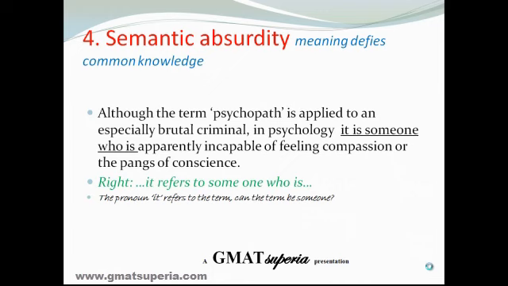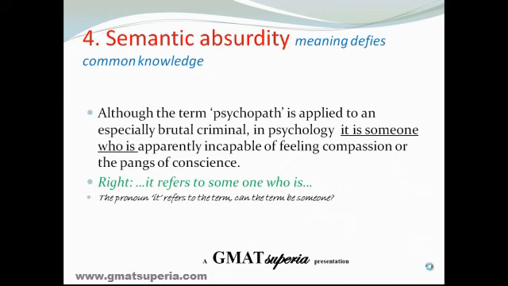Study this sentence. "Although the term psychopath is applied to an especially brutal criminal, in psychology it is someone who is apparently incapable of feeling compassion or the pangs of conscience." When we say here "it is someone," the pronoun "it" here refers to the term, because we're beginning the sentence with "although the term." So "the term is someone who is apparently incapable" is by meaning absurd.